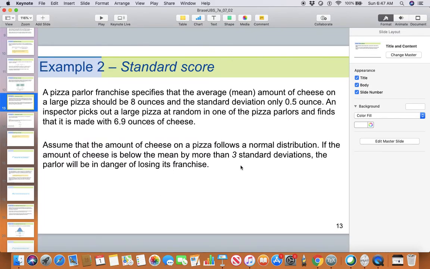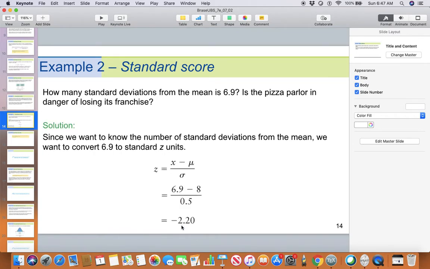If you are below 3 standard deviations, you are in danger of losing your franchise. Well, you are not below 3. Okay, so you are not in danger of losing your franchise.